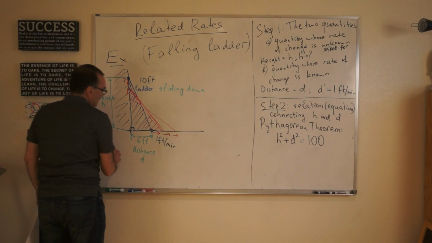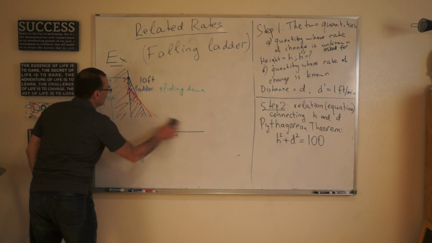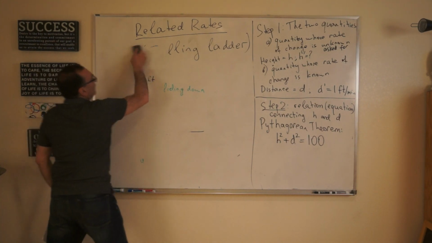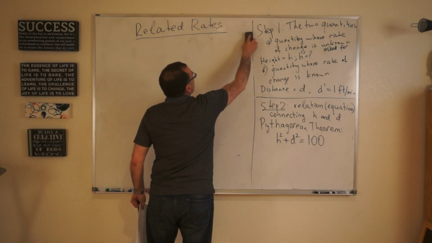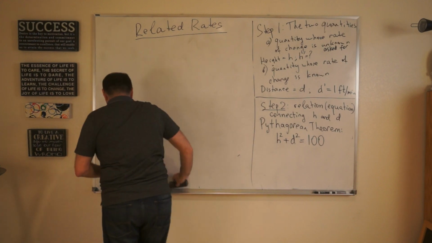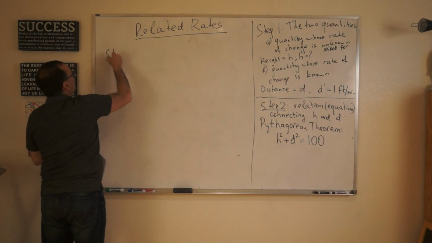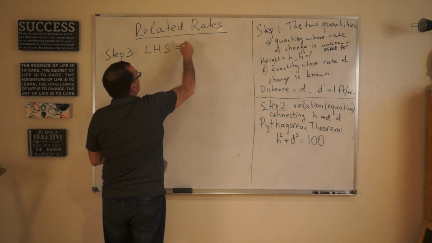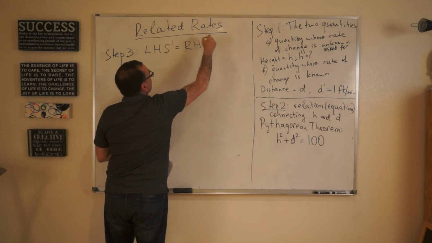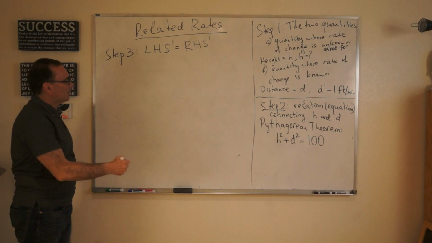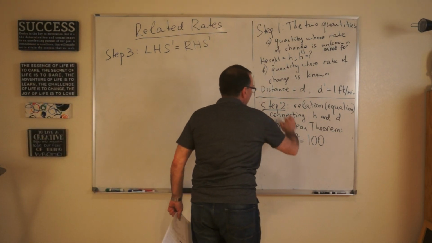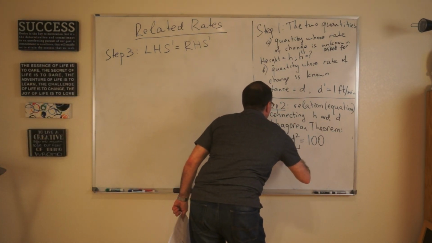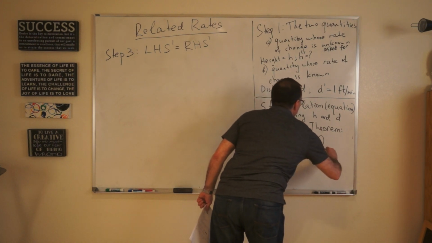I guess we don't need this picture anymore, so I will erase it. Step 3. Left hand side derivative equals right hand side derivative. Now this left hand side and right hand side apply to the equation that we obtained in step 2.